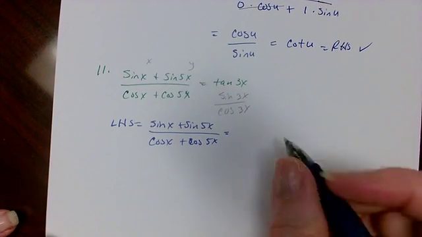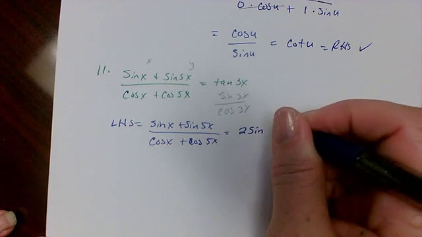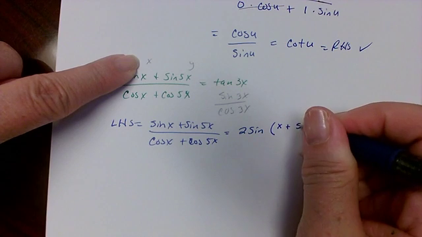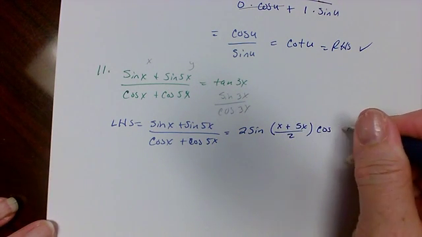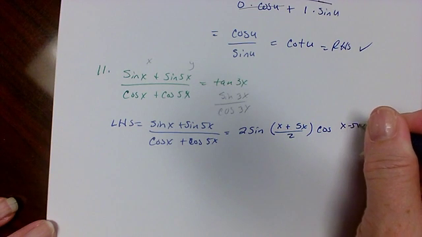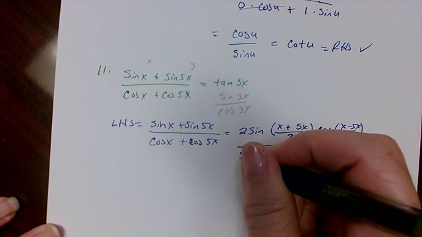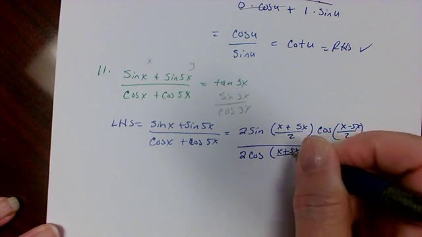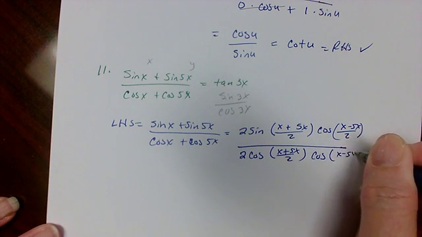So our formula says that on the top part, we're going to have 2 times the sine of x plus y, so in this case x plus 5x over 2, times the cosine of x minus 5x over 2, divided by 2 times the cosine of x plus 5x over 2 times the cosine of x minus 5x over 2.